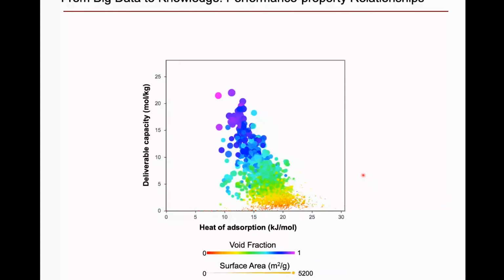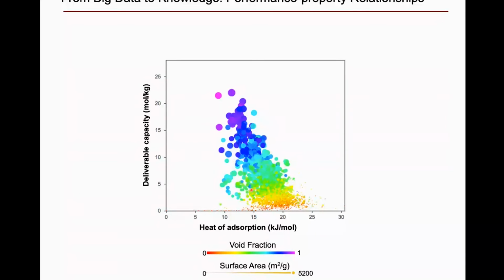The only question I need to ask my experimentalist friend is, what is the void fraction and surface area of your material? And if the answer is, okay, the void fraction is roughly around 0.5 and the surface area is around, I don't know, 300, 400 square meters per gram, I can immediately see that a void fraction of 0.5 sits somewhere in this greenish region.